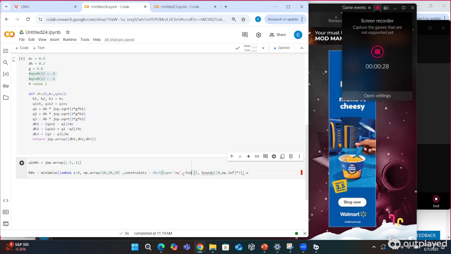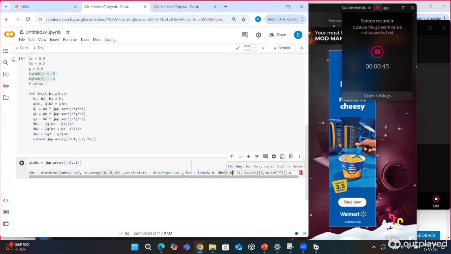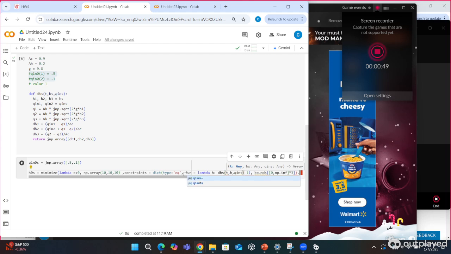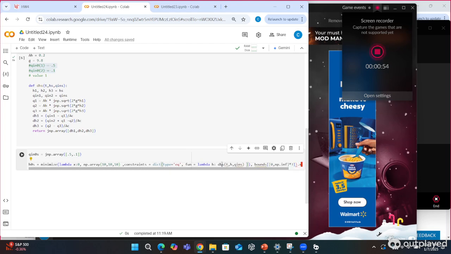Then our function equals the variable that we're solving for, which is h. So it's DHS of H, Q, and is it the naughts? I think so, so this should be 0, Q naughts.